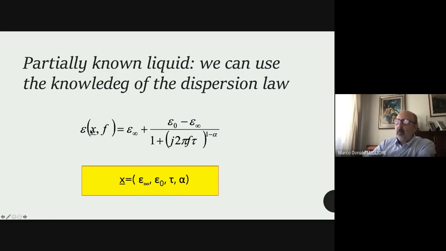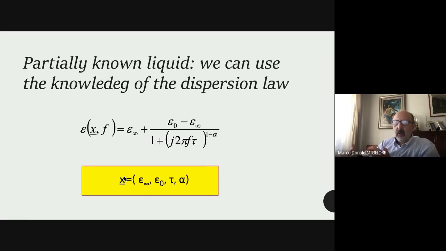Of course, we know this quantity, epsilon infinite, epsilon 0, tau, alpha, and so the vector X, with quite good accuracy, because we use some reference liquids.